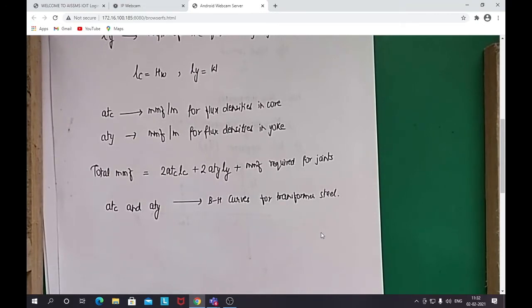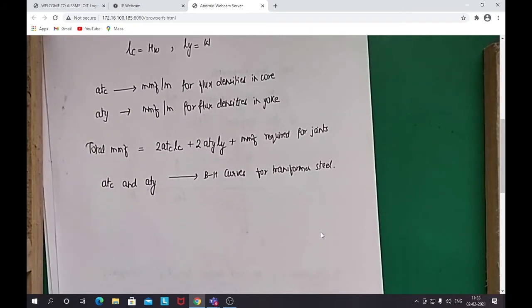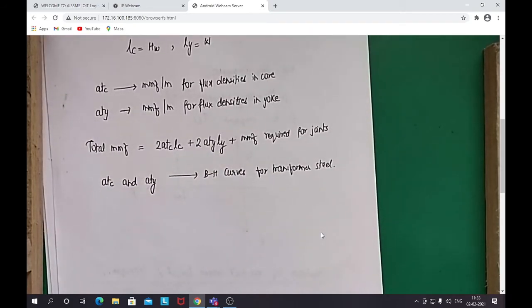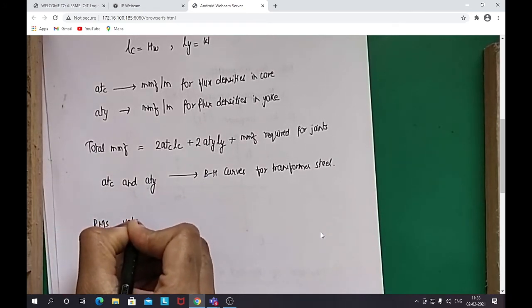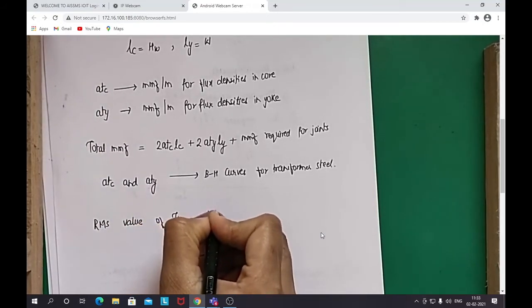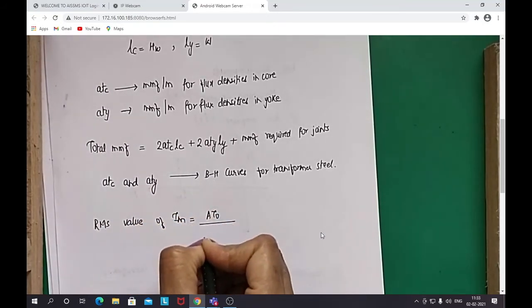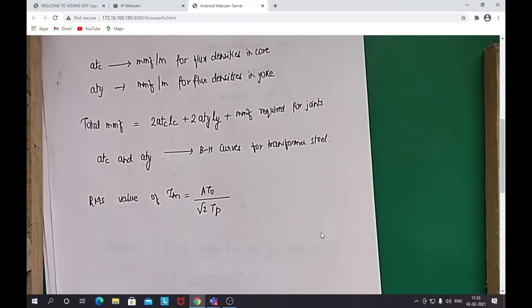Now we have to find the magnetizing current component, where the RMS value of Im is given by AT0 divided by root 2 Tp. This is the standard formula.